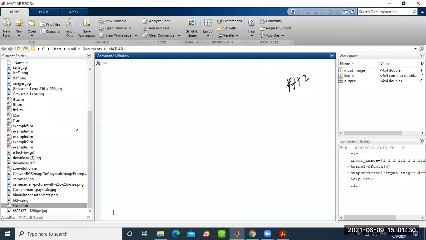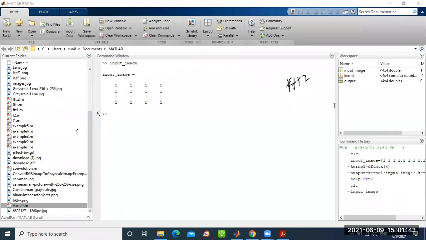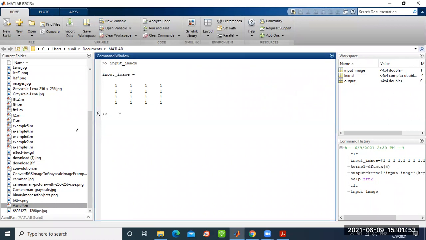So let me put. The image is already there, so no need to create once again. So I will just check whether it's working or not. Yes, the input image is already there, as we can see in our workspace, which is one. Now instead of writing the code, I will use the Matlab built-in function.